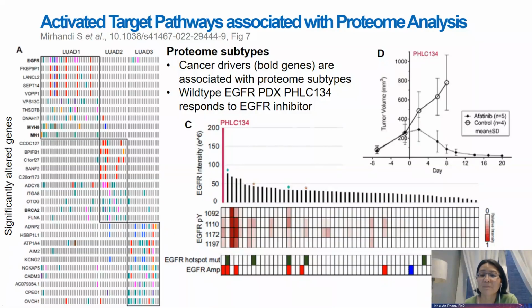Perhaps this is a feature that has resulted in drug sensitivity, but we know that in the clinic, EGFR amplification is not a reliable feature for targeted therapy. As you can see here, it may have depended on protein being expressed that we see in this model.